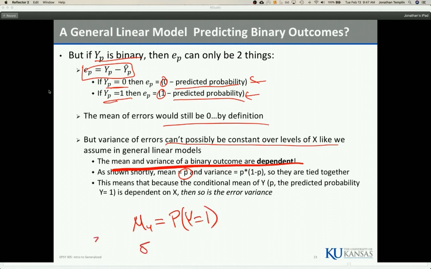The variance of y is equal to the mean of y, sometimes we call this p of y, by the way, times 1 minus p of y, right? So if you know what the mean of y happens to be, the proportion of people in one of the categories, you automatically know the variance as well, because you can take the proportion and multiply that by 1 minus the proportion.